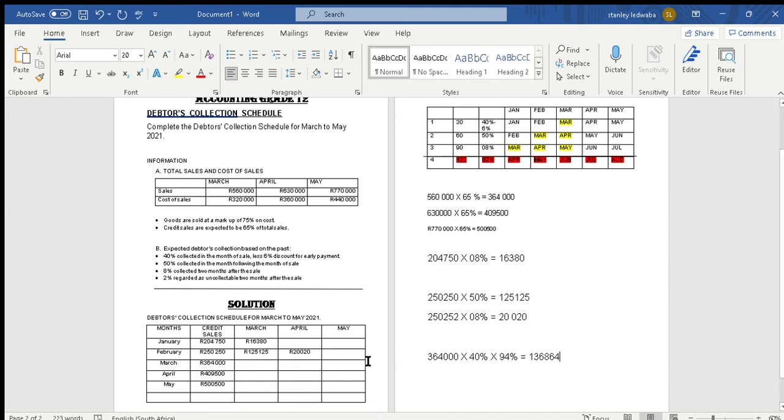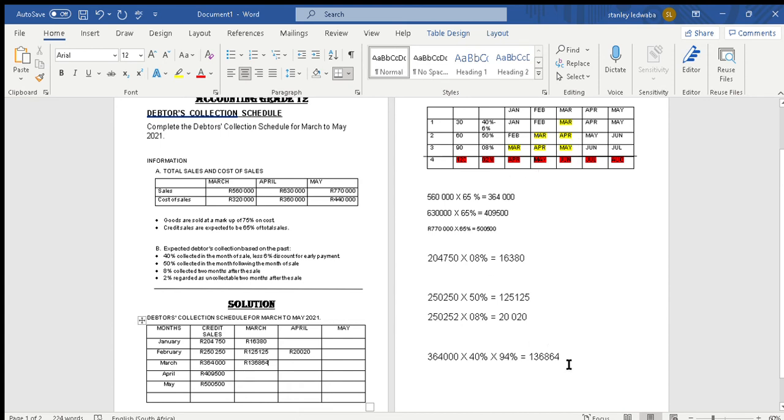Then we are going to say we have 136,864. Okay. Then we also collect for April, which is 50%.